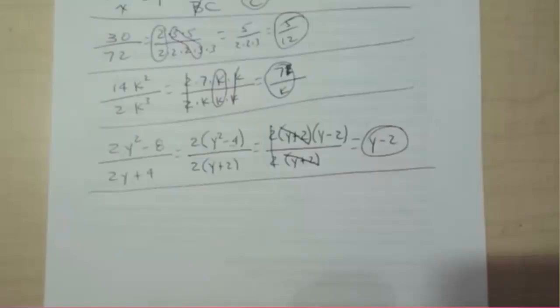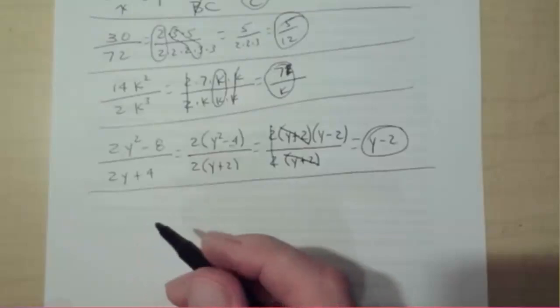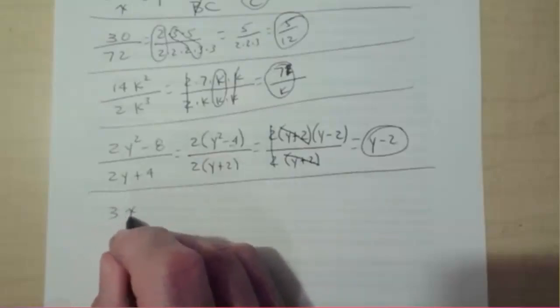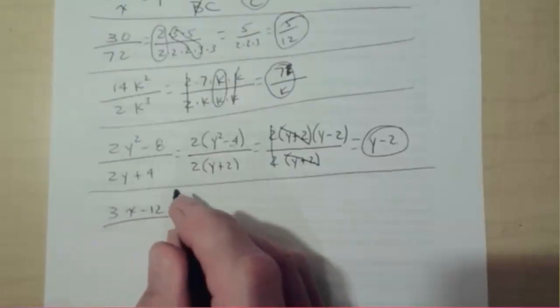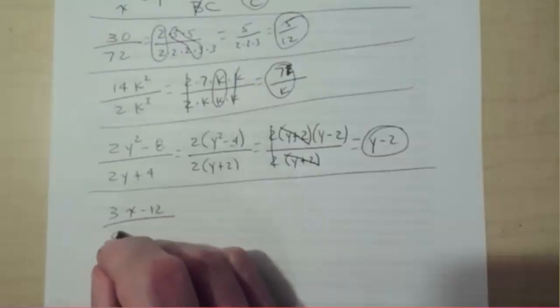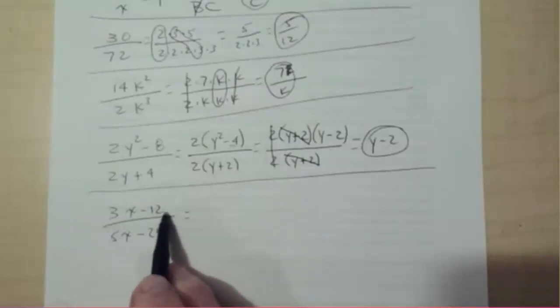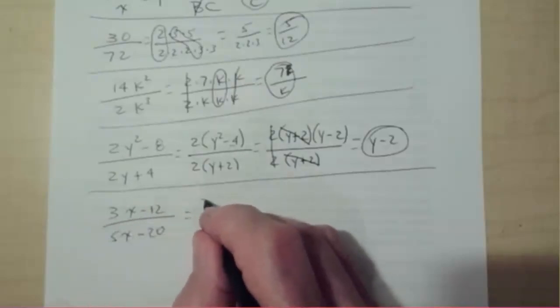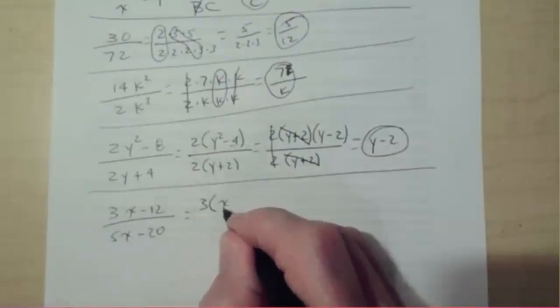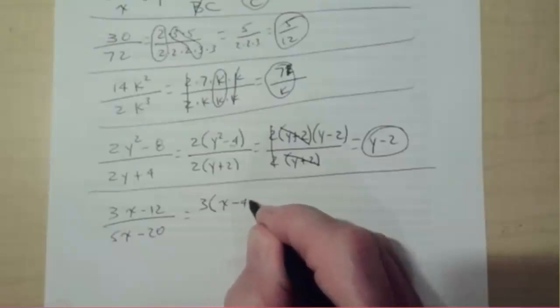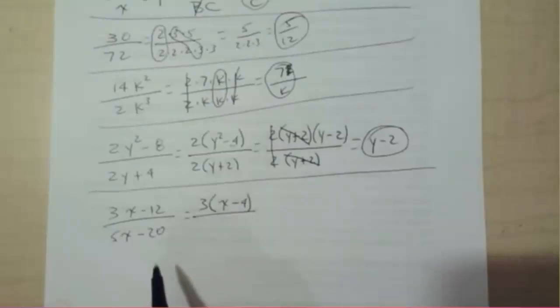And let's do another one that's kind of like that one. 3x minus 12 divided by 5x minus 20. Now what can we factor out of the numerator? 3 times x minus 4 over, is that right?